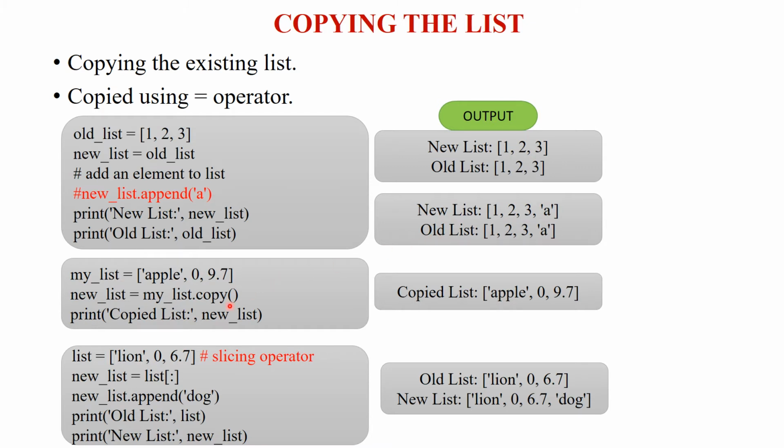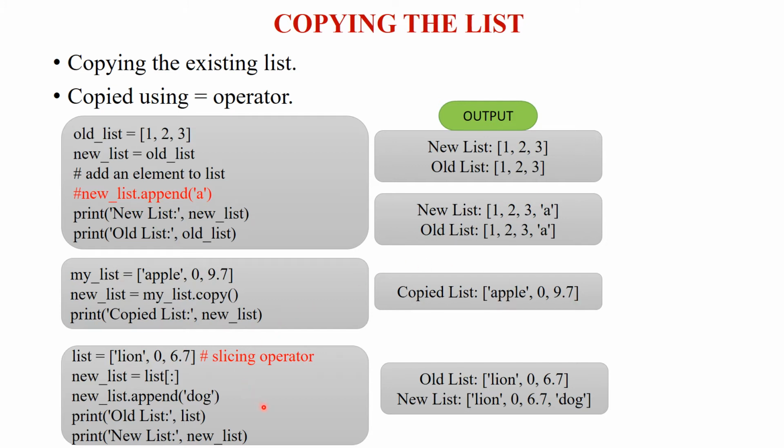See, in this example I'm going to use a built-in method. Here I have a list called apple 0 9 7. In the new list variable, I'm going to copy this list, my list; whatever values are in my list will be copied into the new list. If I print this, the apple 0 9 7 list will be copied.